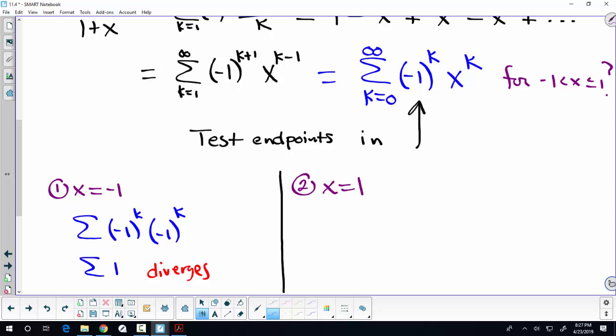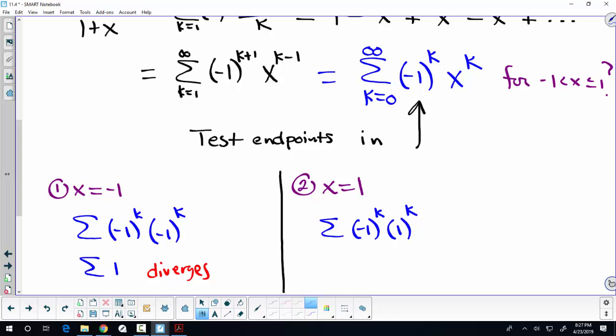When x equals 1. Yeah, 1 to the k is always 1, so it's 1 plus 1 plus 1 plus 1. So how about the series negative 1 to the k times 1 to the k? Does that converge or diverge?